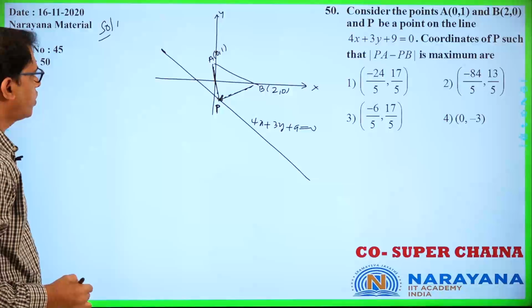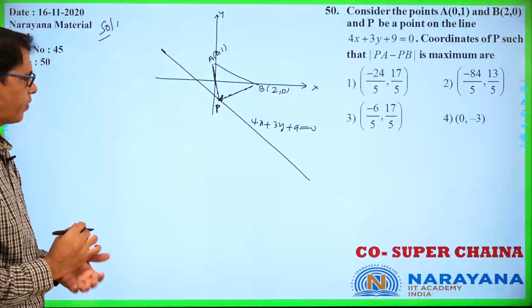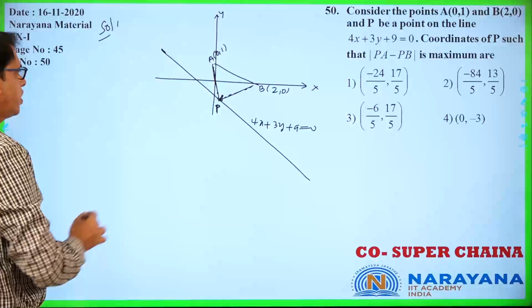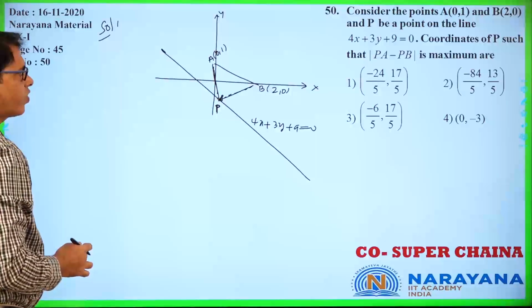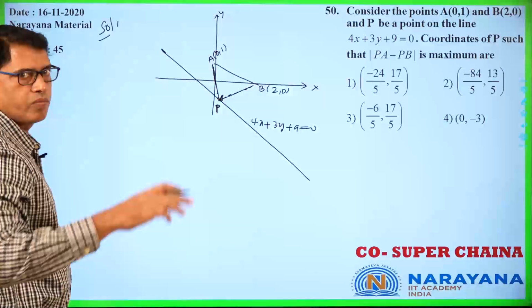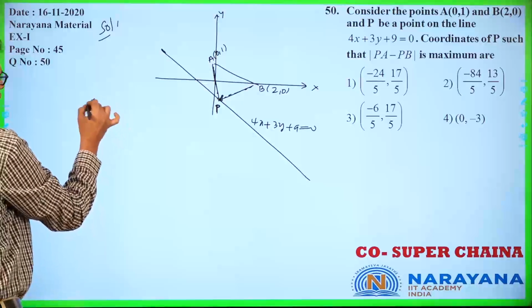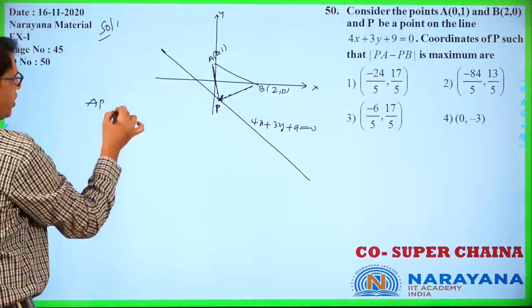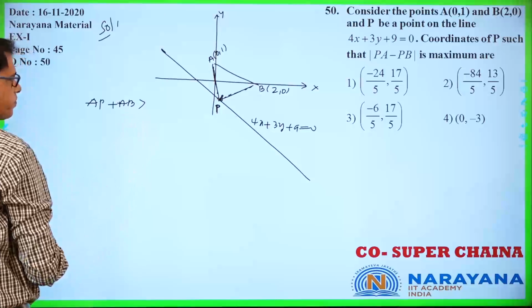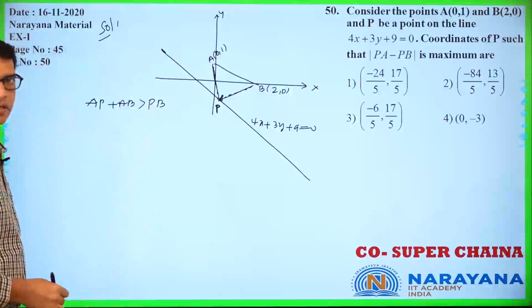okay now. So here it is evident that we have a triangle according to the triangle inequality. So what is the triangle inequality? Sum of any two sides is always more than the third one. So here AP plus AB is greater than PB, right, in this triangle.